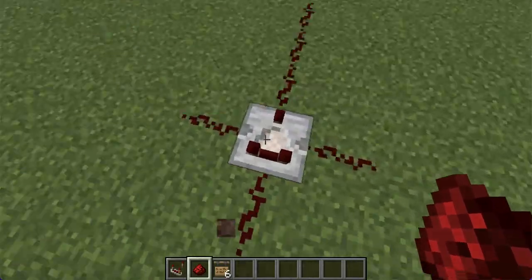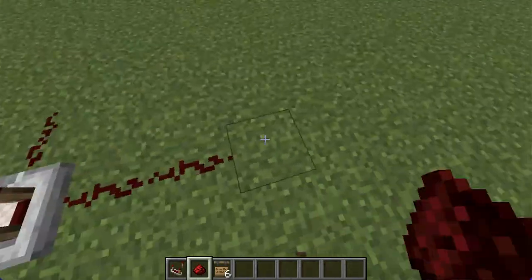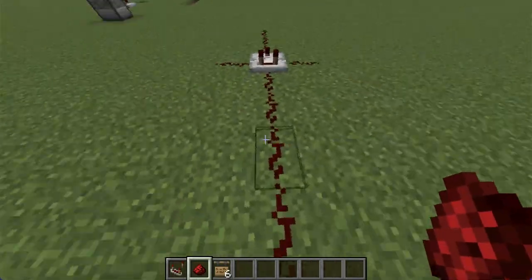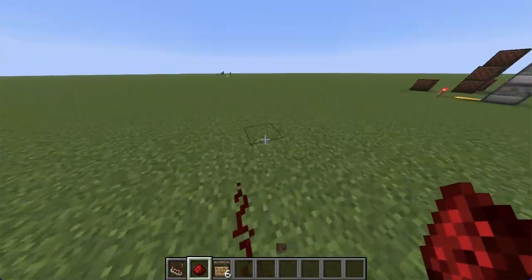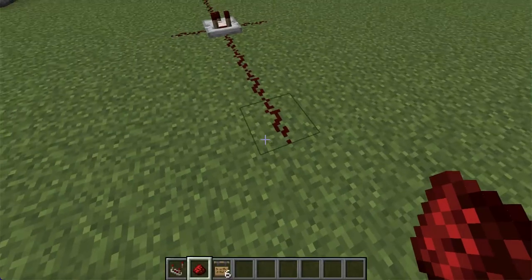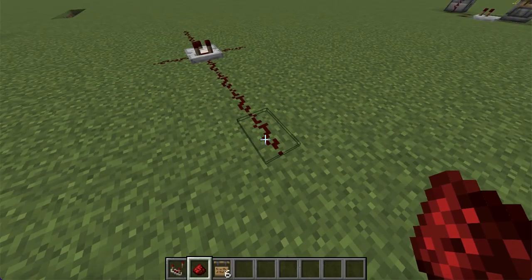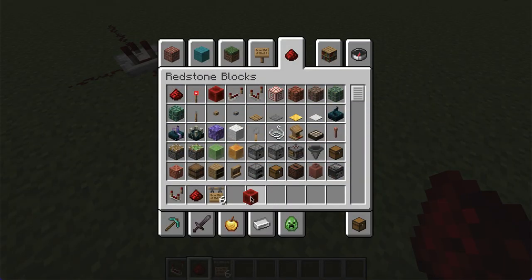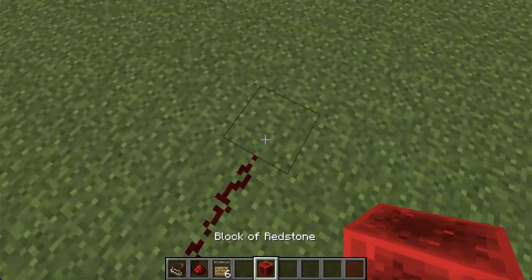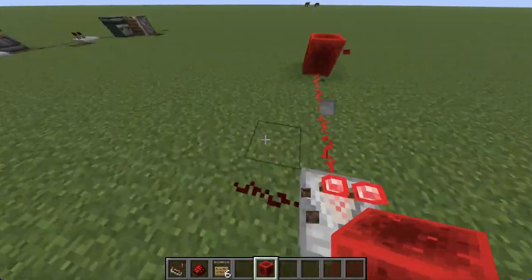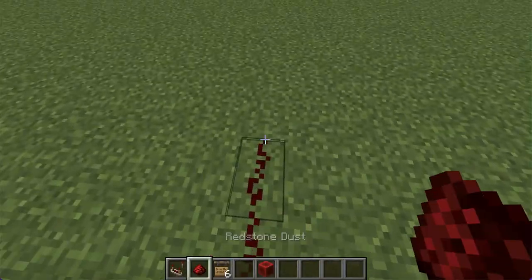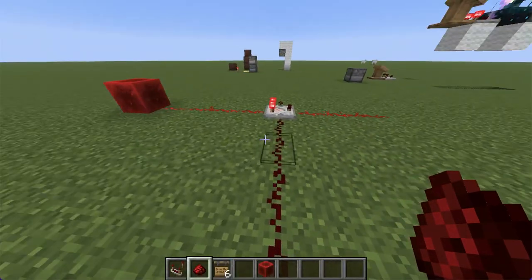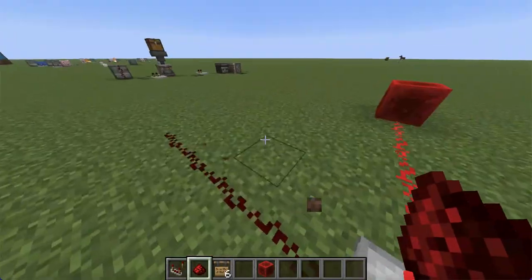This comparator right now is going to get a signal strength of 11. So let's power this. Power strength of 11. This one is going to get a signal of, let's go 4.